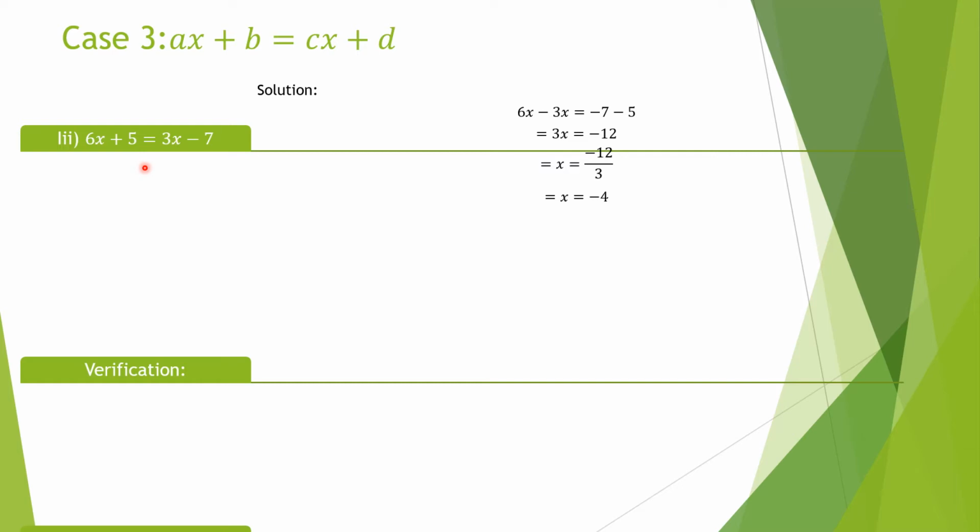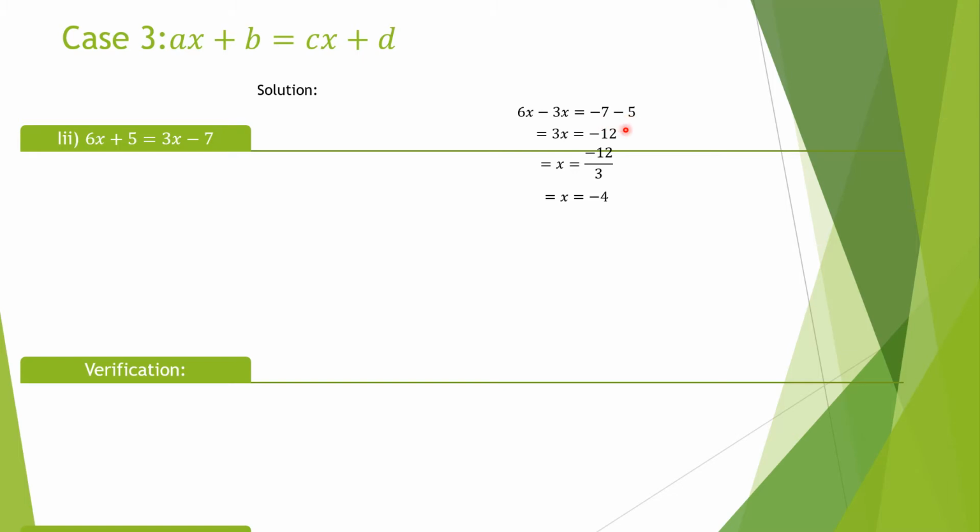In algebra, like terms can be added and subtracted. 6x and 3x are the like terms. 3x is moving to the left side and plus 5 is moving to the right side. Signs will be changed. 6x minus 3x is 3x and minus 7 minus 5.